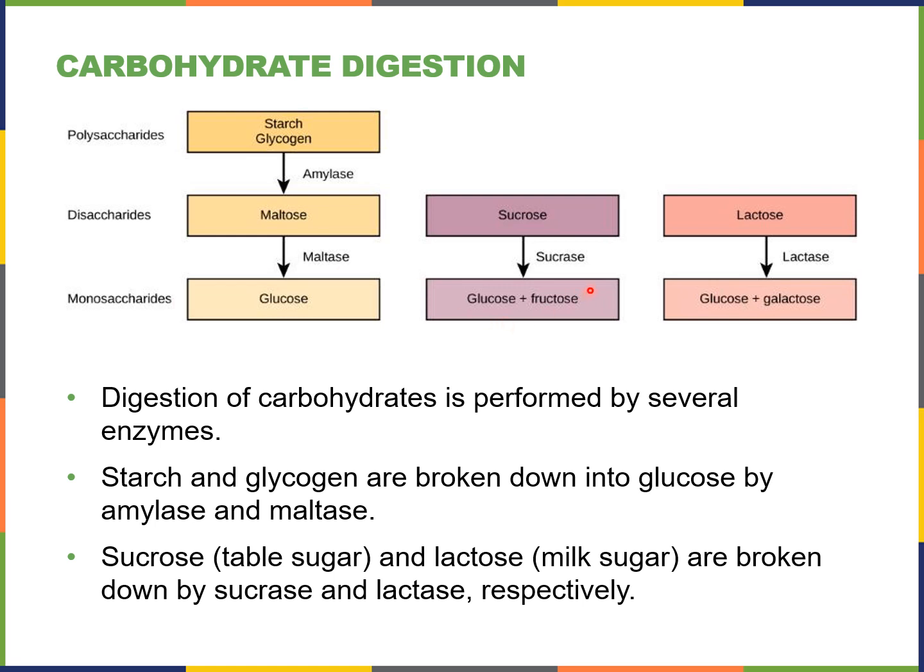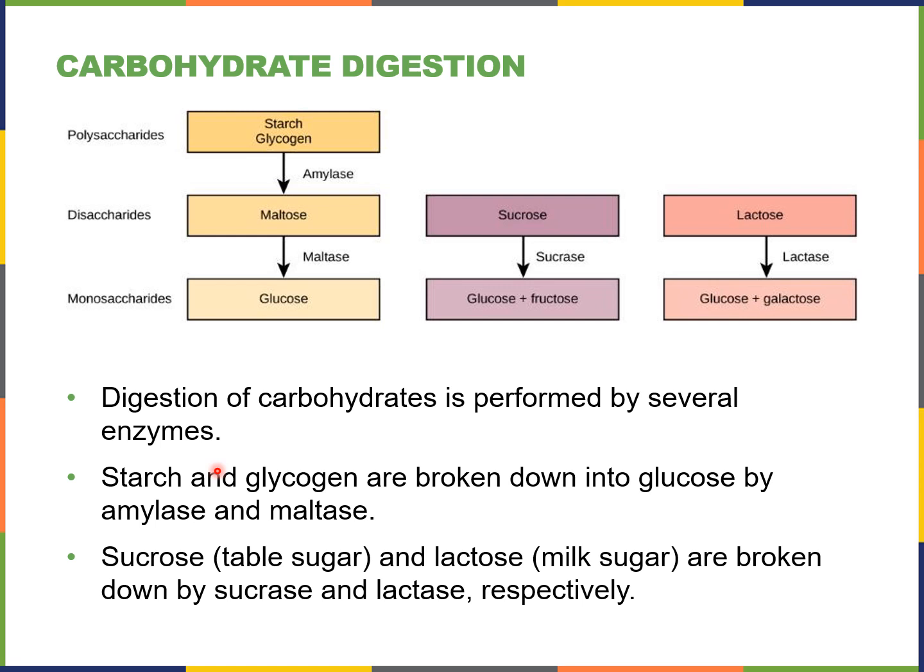You'll see that with other sugars as well. These are just disaccharides, not a polysaccharide, but you can see that we use sucrase or lactase to break down sucrose or lactose, and that will then divide down into monomers or monosaccharides that are glucose and fructose or glucose and galactose.